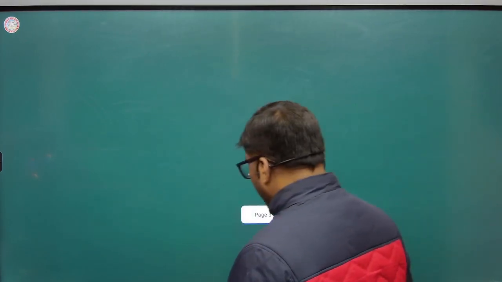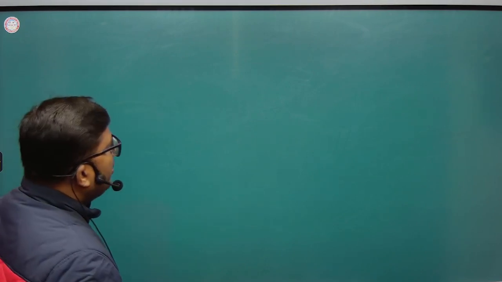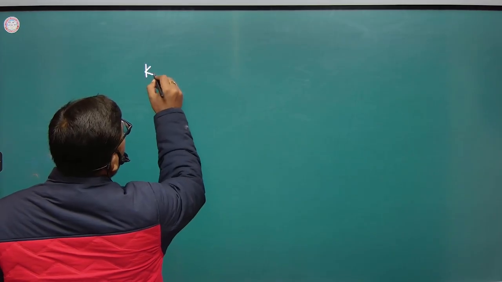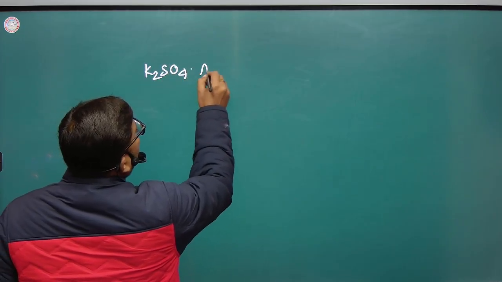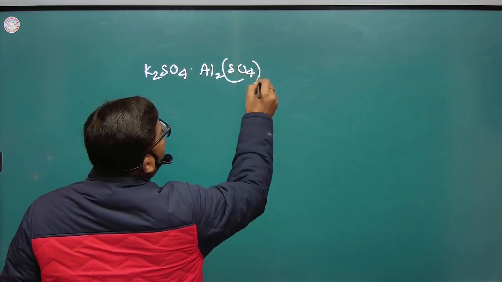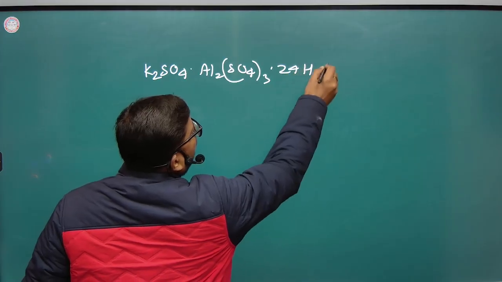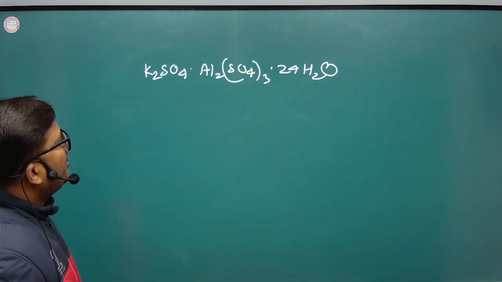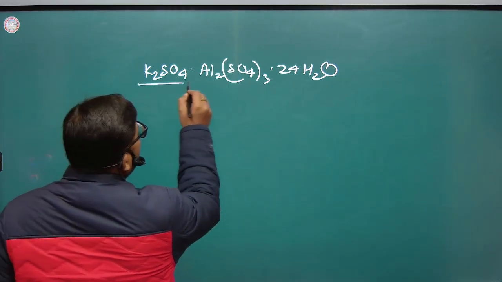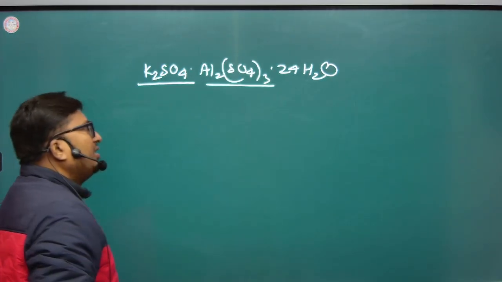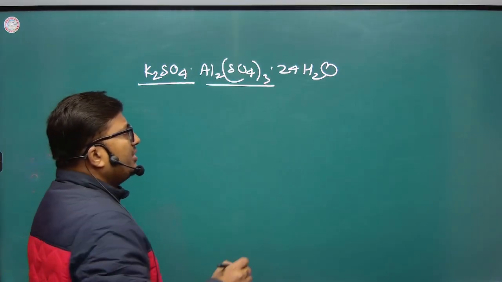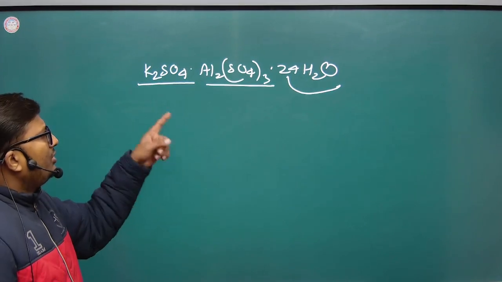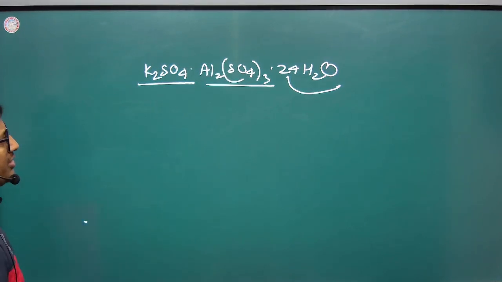Here one most important example is a double salt, potash alum: K2SO4·Al2(SO4)3·24H2O. This structure is called a double salt because of the presence of two salts, potassium sulfate and aluminum sulfate, stabilized by water of crystallization. Here the water of crystallization is 24 H2O molecules, which stabilize these two salts in the solid state.